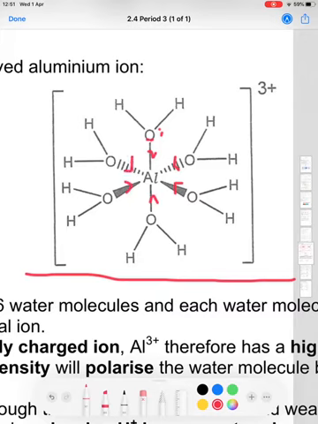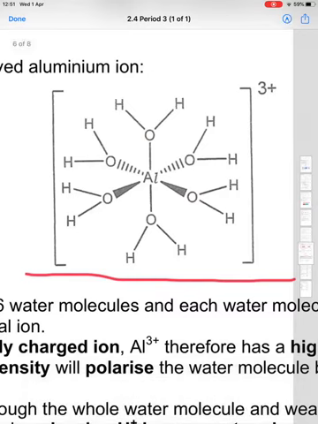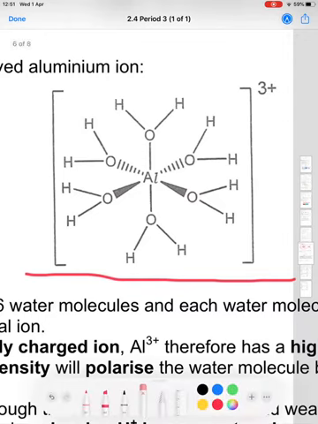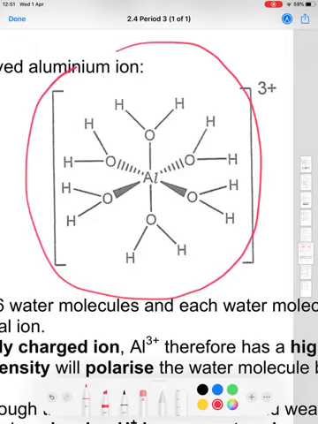Now, the other thing that happens with this, actually I'll come back to that in a minute. Let's just talk about all the ways that we can write this. We can write this as more of a structural formula, really.